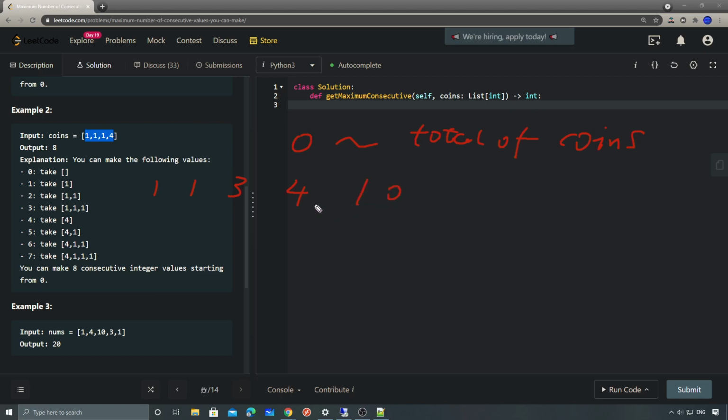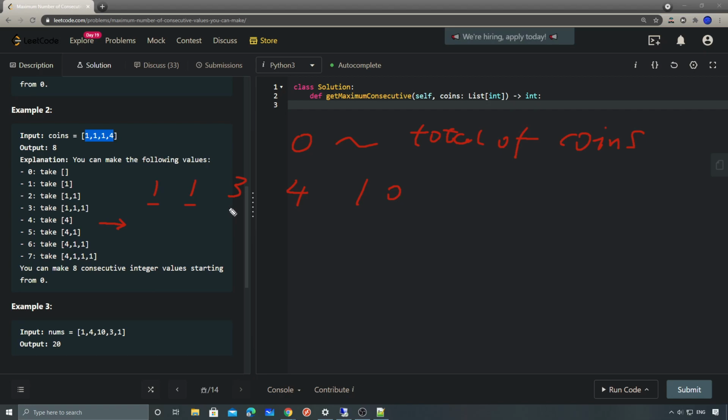If we try to make this x from the smallest to the biggest, then we can see that when x equals 1, we can make that. So we're at 1 here, and when we're trying to make 2, we're also at 2 here, so we can make that.